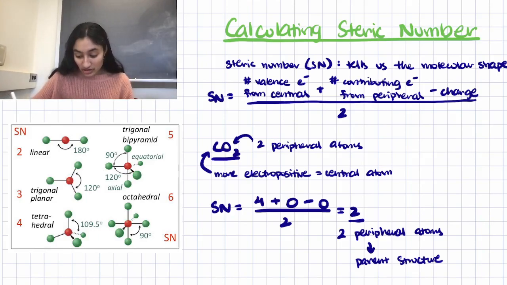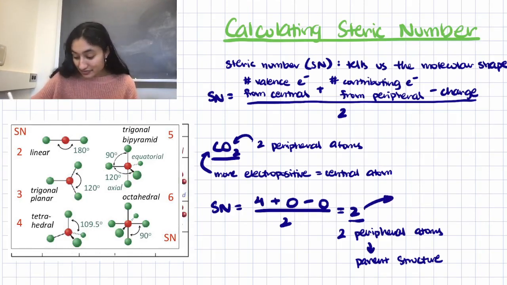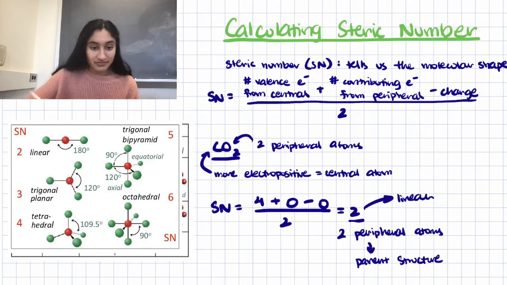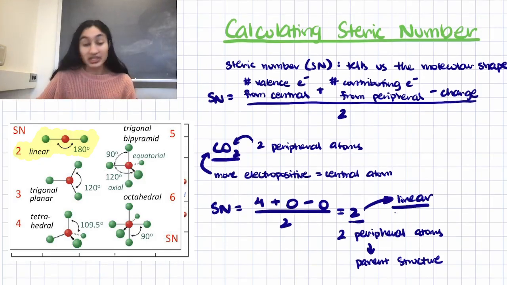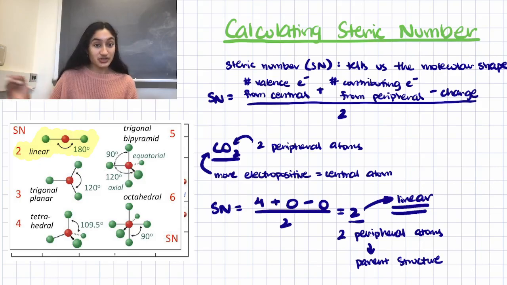Well, the parent structure is linear. That tells us that the molecular shape of CO2 is linear. And we will continue with understanding the molecular shape of carbon dioxide in a future video.